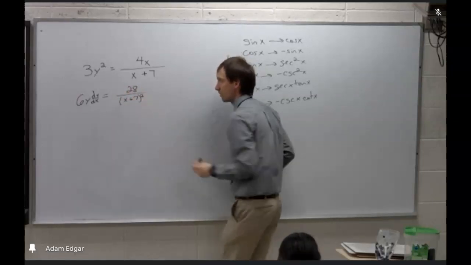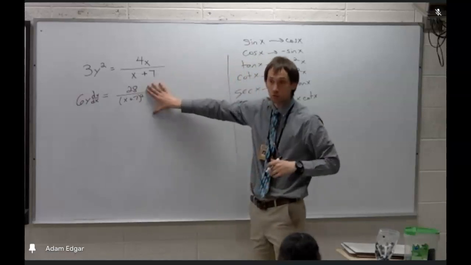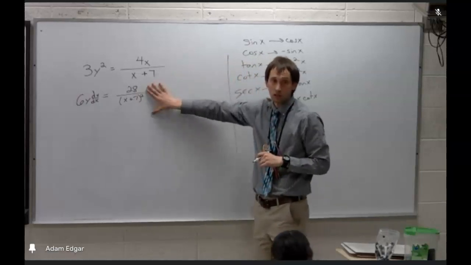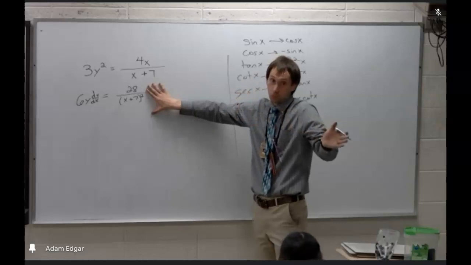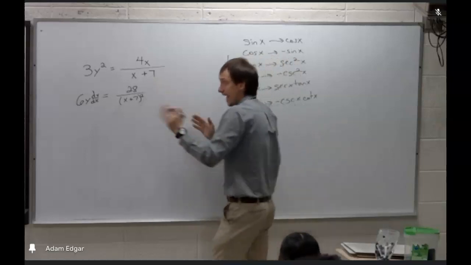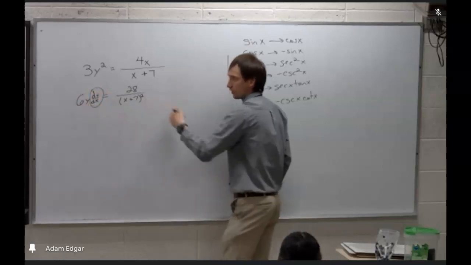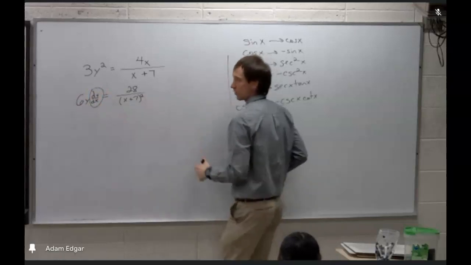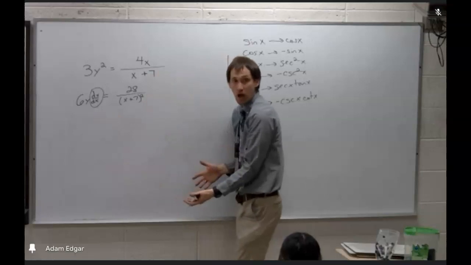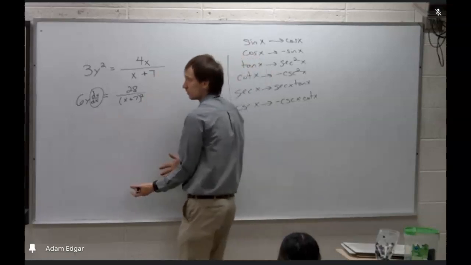Does anybody have any questions with the quotient rule part? All right, then, to isolate dy dx, you divide the 6y over. Where can you put the 6y so you don't just have a fraction over 6y? Just put it in the denominator.